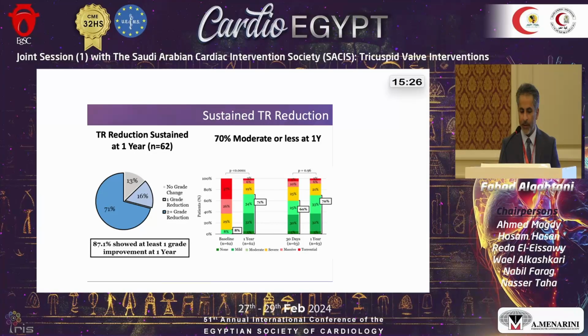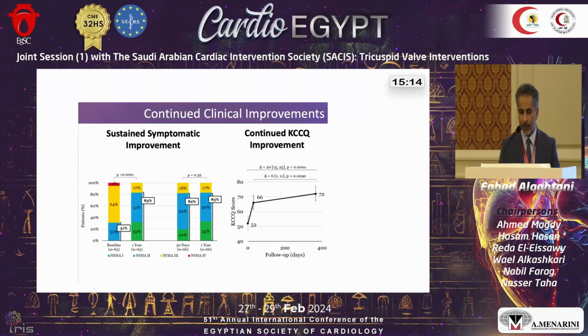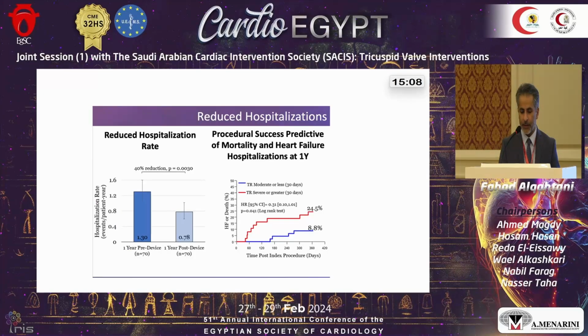At 1 year, there's a sustained reduction in the TR grade, with almost 87.1% showing at least 1 grade improvement at 1 year. This has also led to 70% moderate or less at 1 year. This also led to sustained symptomatic improvement and improved quality of life at 1 year.